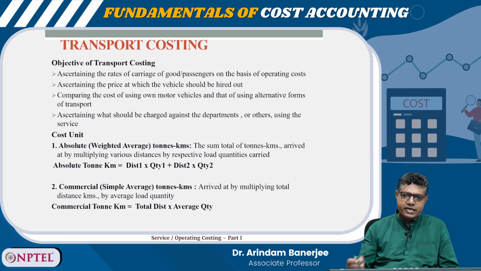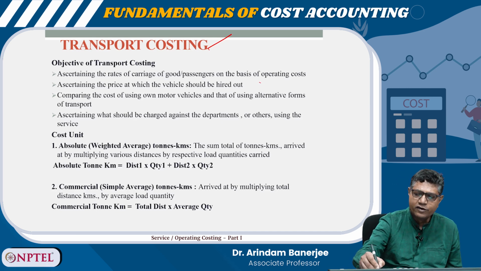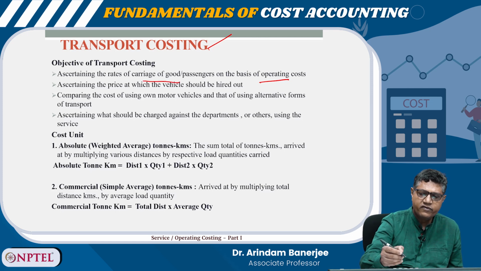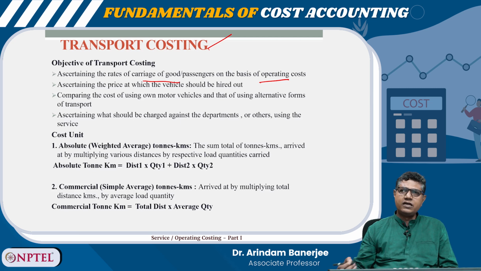Now, we are taking first the case of transport costing. What is the objective of transport costing? The objective is ascertaining the rates of carriage of goods or passengers on the basis of operating costs, because the business of a transport service is the carriage of goods and passengers. So, it needs to charge the passengers or the people who are transporting goods, and for that they should know the operating cost.